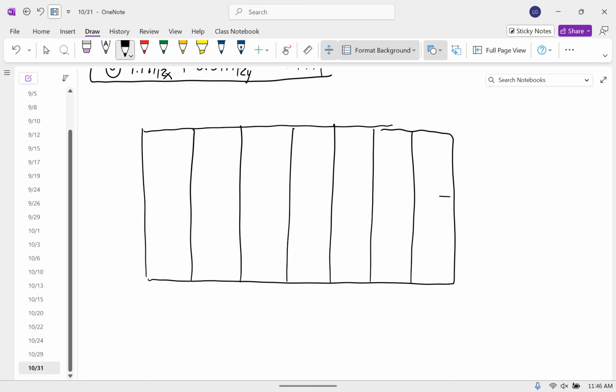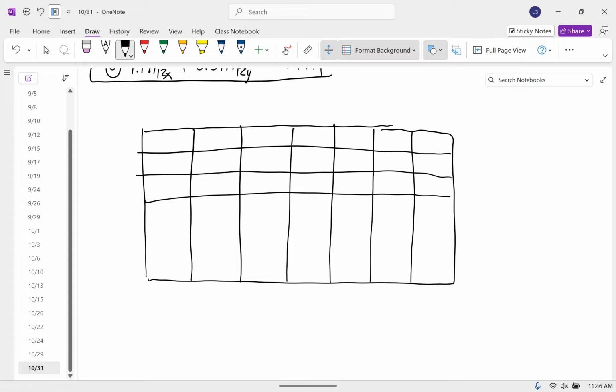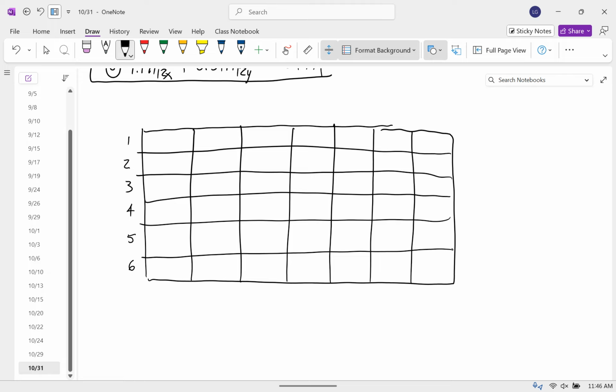So we have 7 columns, 6 rows. The variables are RA, I'll do T next, and then F12X, F12Y, and then RCX, RCY, and then the constants.